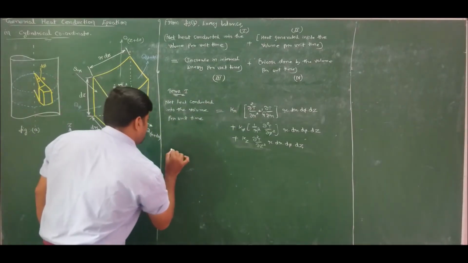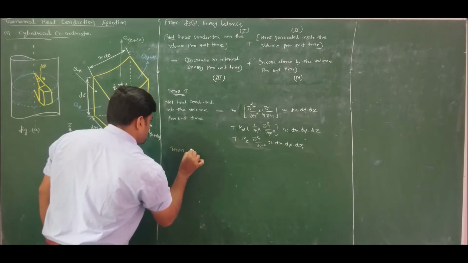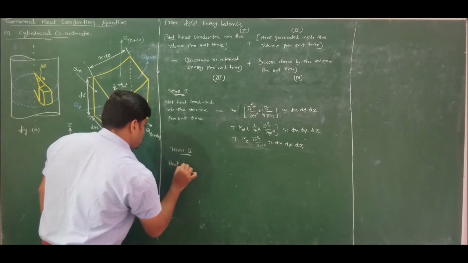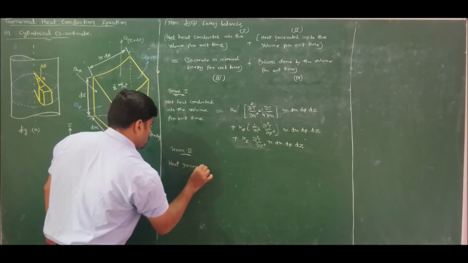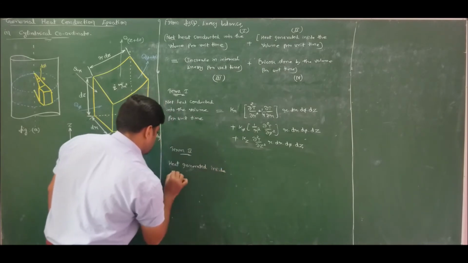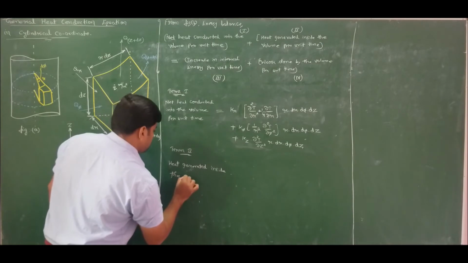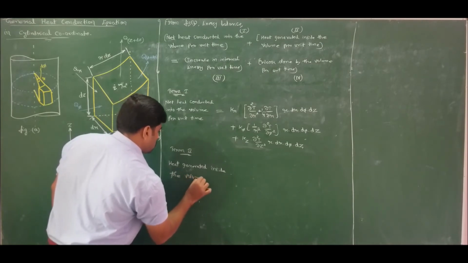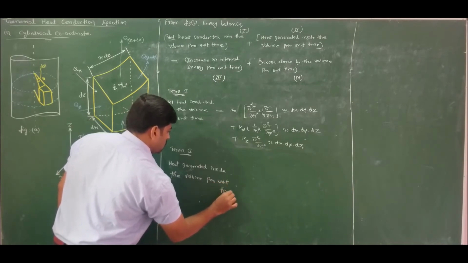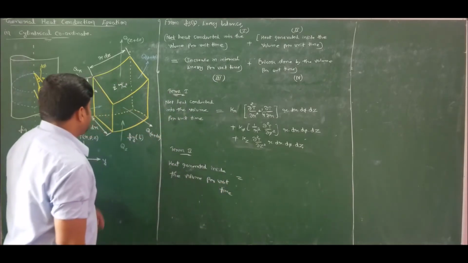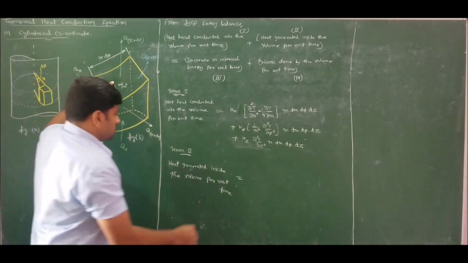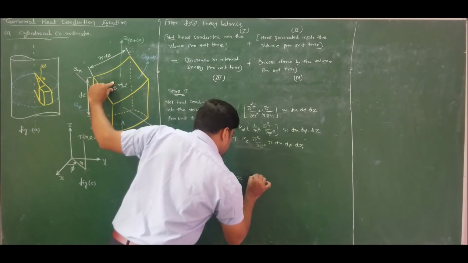Now moving for term 2, heat generated inside the volume per unit time will be equal to, we know Q dot is the heat generated per unit volume, so therefore heat generated will be Q dot times volume.